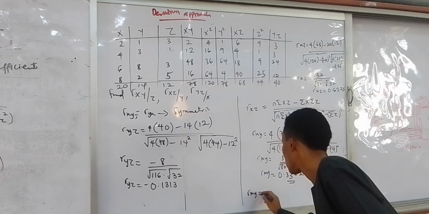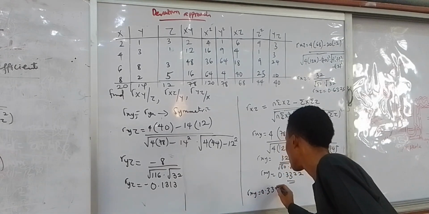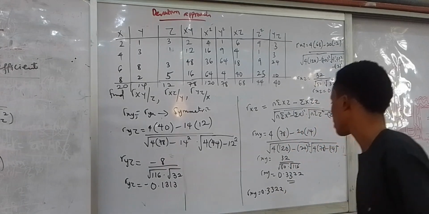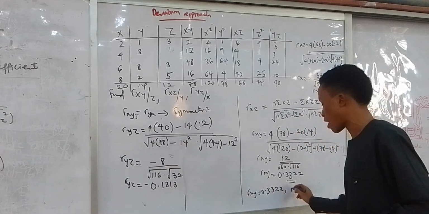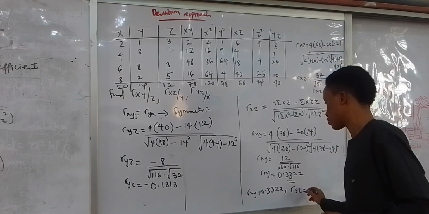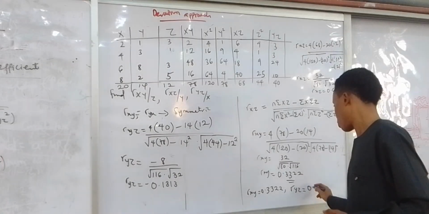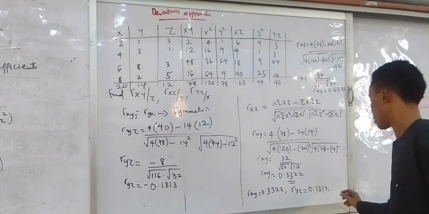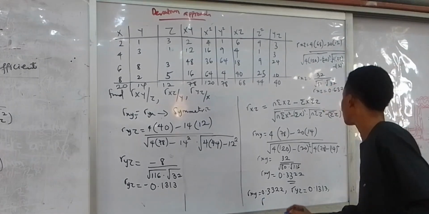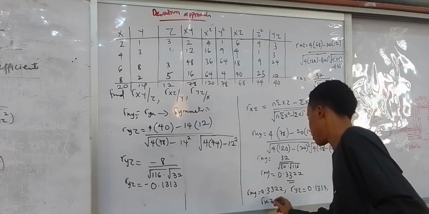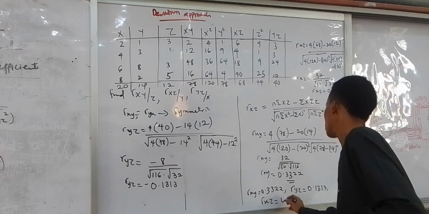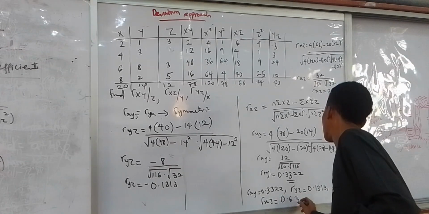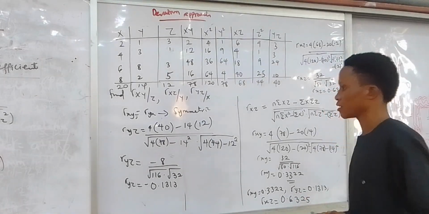Therefore, our rxy equals 0.3322, our ryz is equal to minus 0.1313. Then for this, rxz is equal to 0.6325.